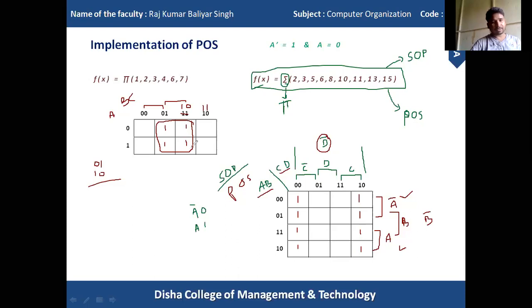But this completely violates the rules of K-map, because in K-map the combination should start from the higher order, that is 16, 8, 4 and 2. If there are 4 cells adjacent to each other, I cannot take two adjacent cells and another two adjacent cells. It is not possible.